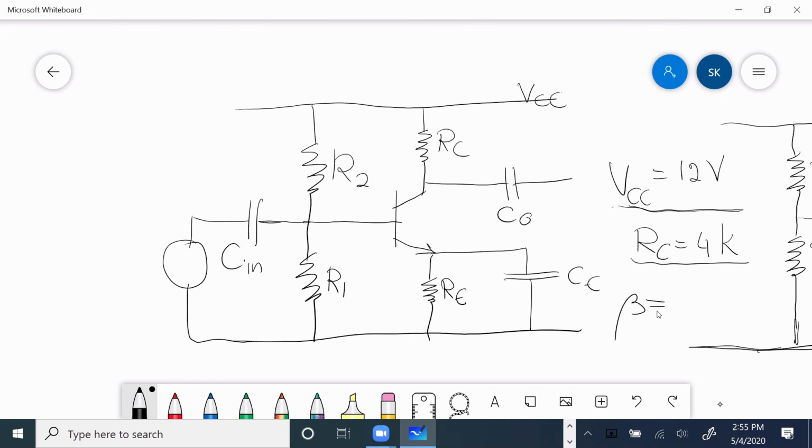The beta value is given by the data sheet of the transistor. Normally, let's call this just 199. The reason we call beta 199 is because then alpha would be 0.995. If beta is 199, we can calculate alpha to be 0.999. So these are our knowns.